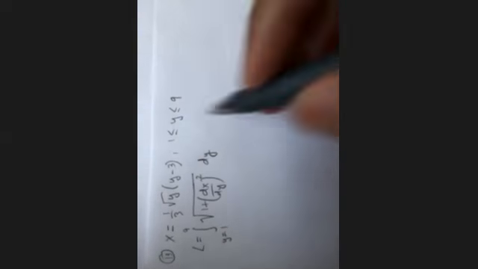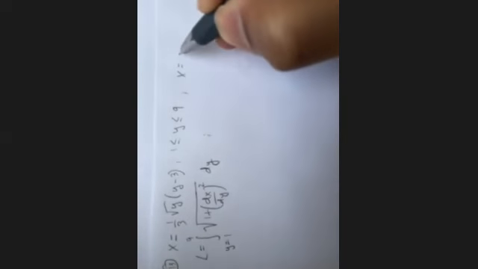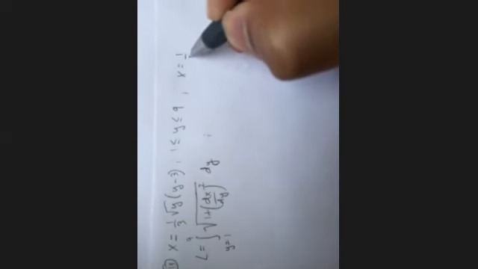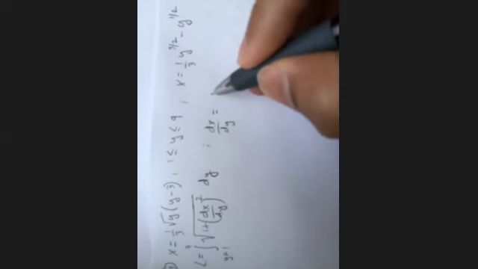Okay, so first let's compute what is dx over dy. Let me rewrite x here as... so dx over dy just by simple power rule.